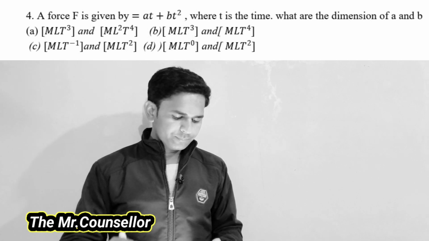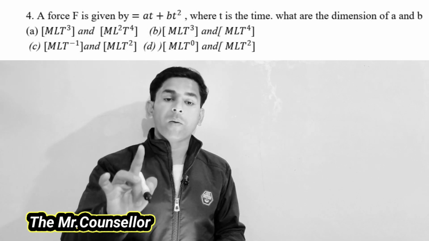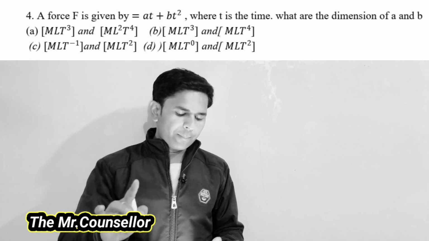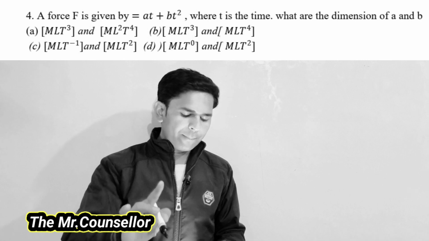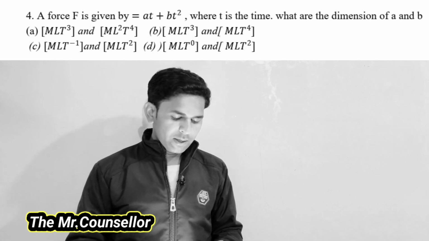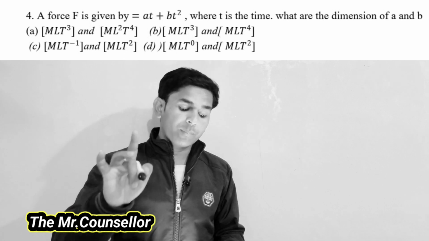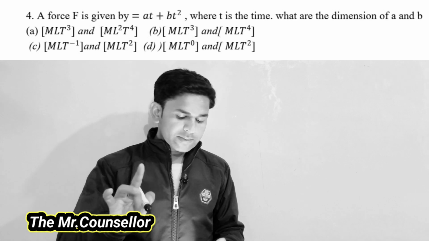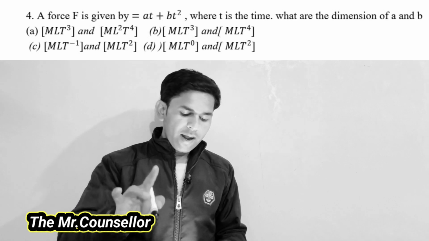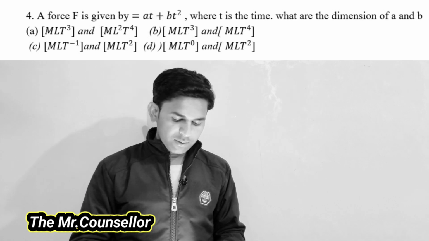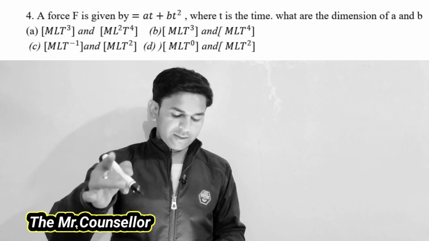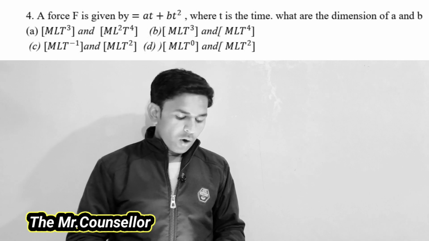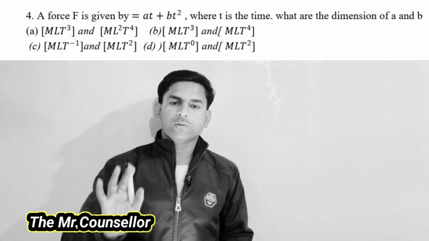Option A is given ML T power minus 3 and ML square T minus 4. Option B is given ML T power minus 3 and ML T power minus 4. Option C is given ML T minus 1 and ML T naught. And option D you can also see.